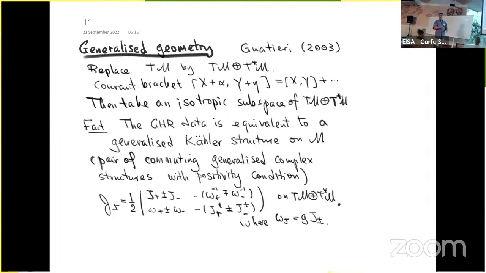If you combine them in a suitable way, you have a positive object, which is a replacement of positivity of the Kähler metric. Now, when the B field is equal to 0, and when J plus is equal to J minus, you return to the original notion of standard Kähler manifold.